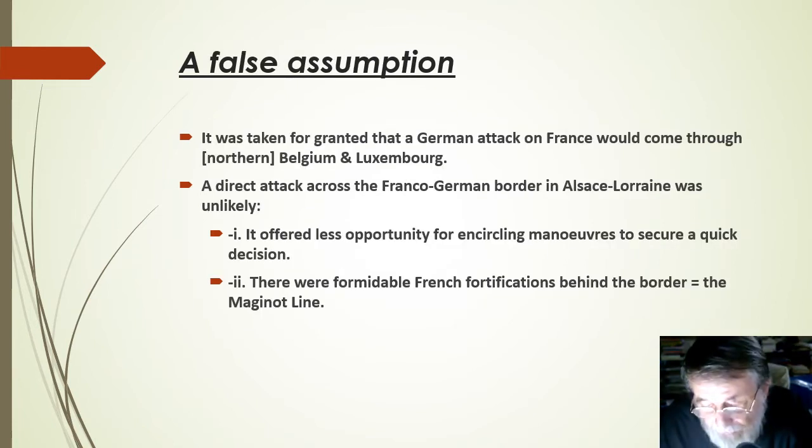As I said, the French had taken the false assumption that the German attack would come through Belgium, northern Belgium, rather than the far south. Direct attack across the Franco-German border in Alsace-Lorraine was unlikely. It offered less opportunity for encircling maneuvers to secure a quick decision, but more importantly, there were formidable French fortifications behind the border, the Maginot Line, as I mentioned.